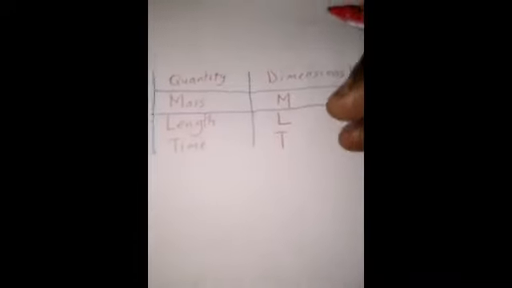So now, let's first see these 3. I've just analyzed this here, in which we have a quantity and a dimension. We'll be talking mainly about these 3, nothing else. So now, the quantity mass has a dimension, which is the symbol.